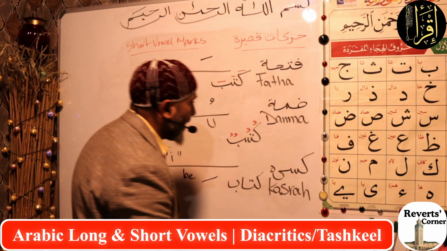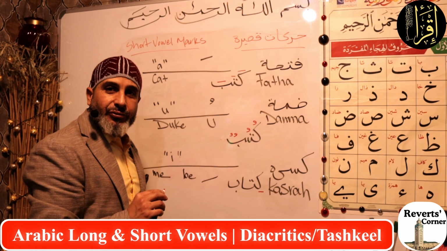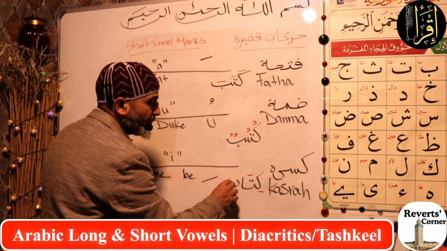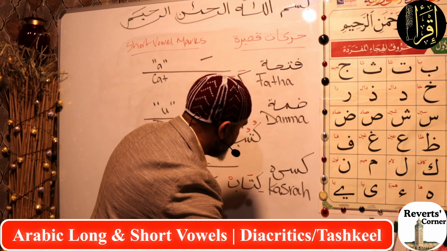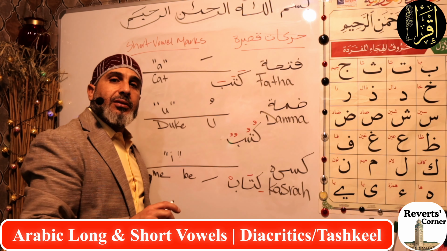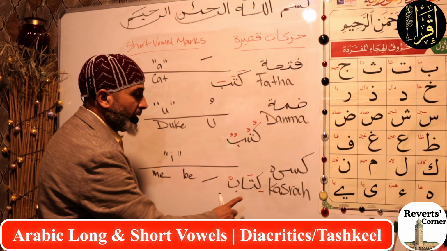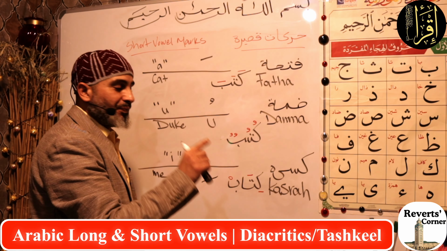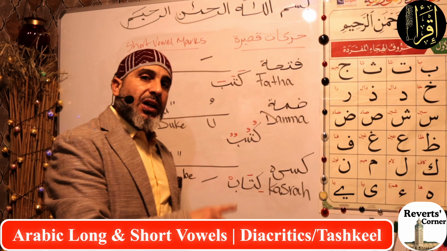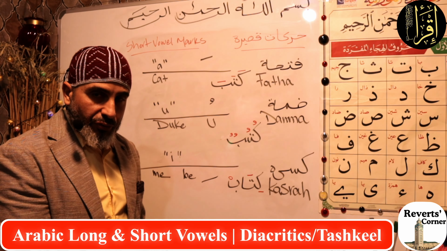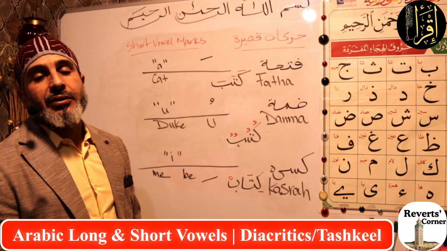If I want to assign the kasra, it comes underneath the kaf. Kitab. See? The kasra comes underneath. The base consonant is kaf, ki, ta, ba, kitab. When the kasra is placed below the letter, this is the sound that we get.